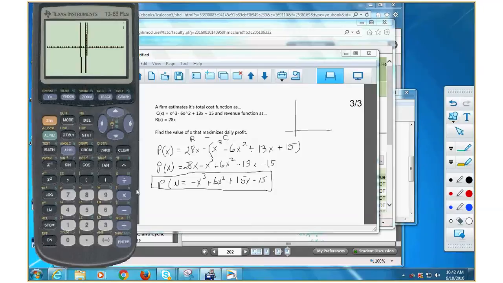And you're going to get a saddle pretty much. It's all screwed up, but let's try zoom 0. Doesn't look too good. I'm going to do a zoom window. I only care about the first quadrant.